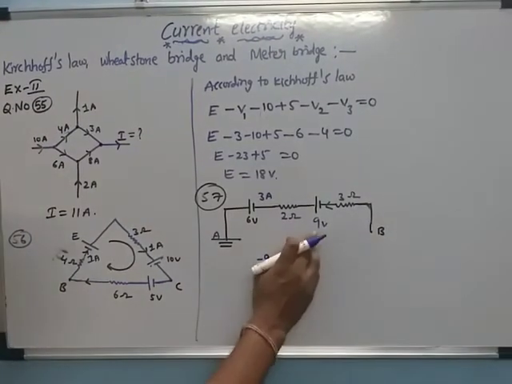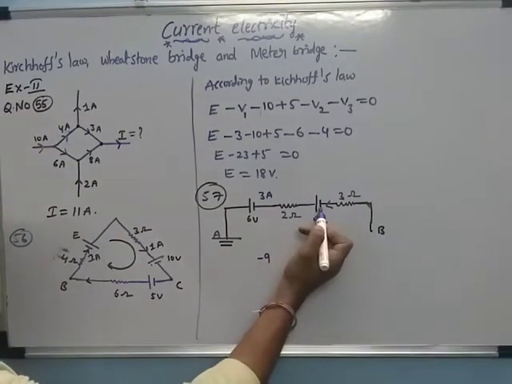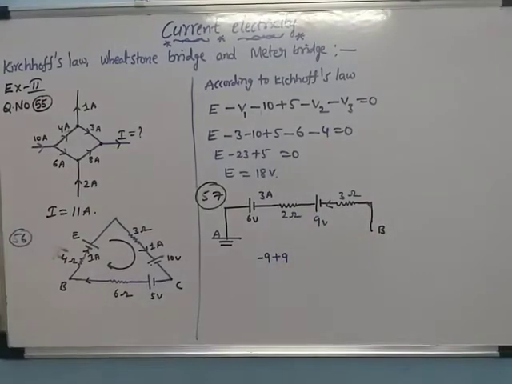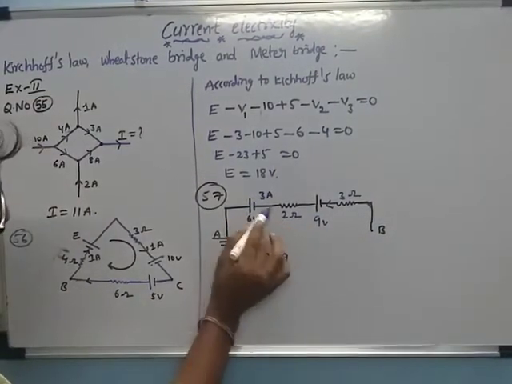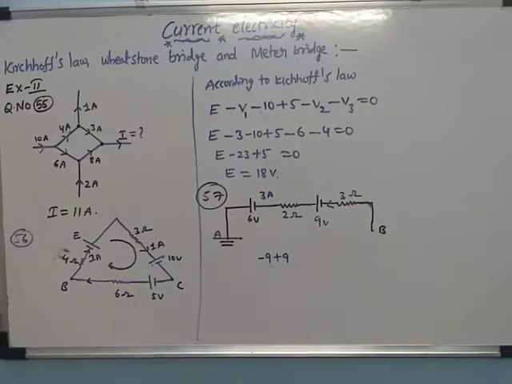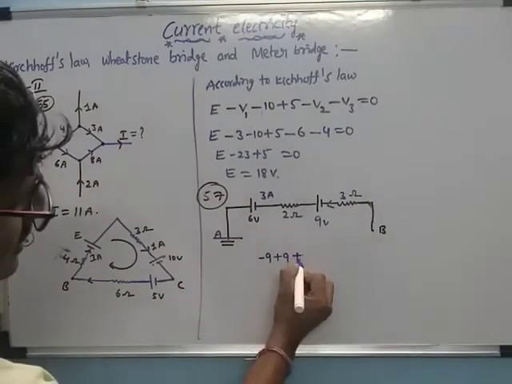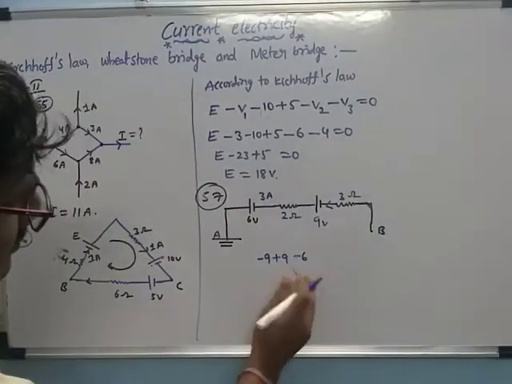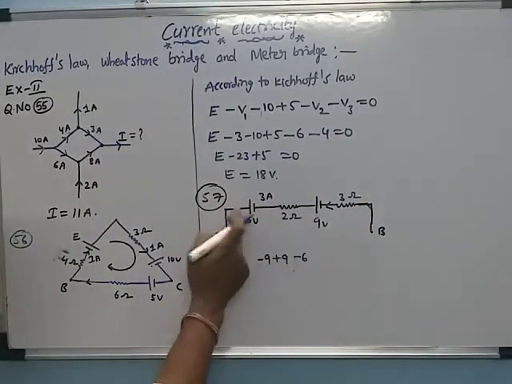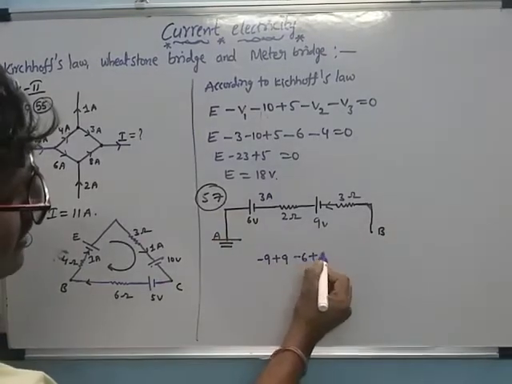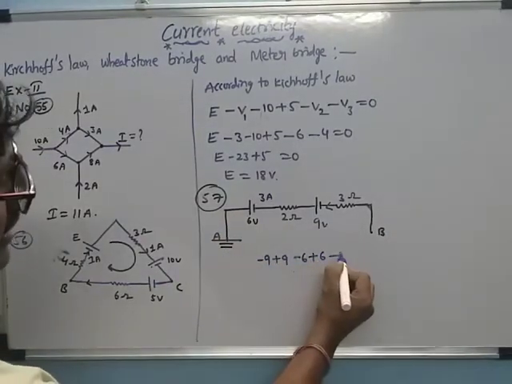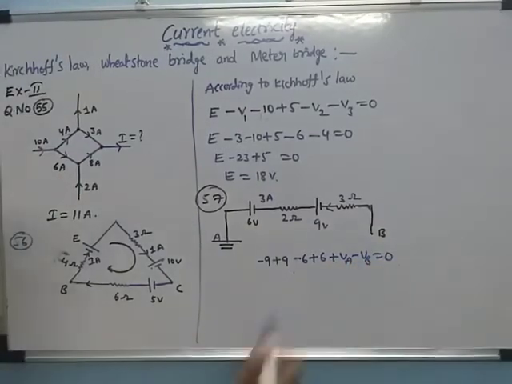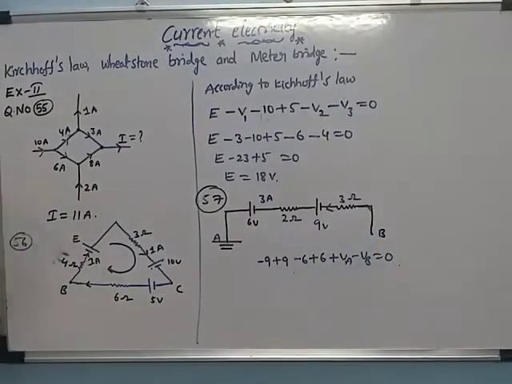Here, going from negative to positive means potential gained, so plus 9. Again the current into resistance, 3 into 2 is 6, which is minus 6 because it is in the same direction, and here again going from negative to positive is a gain, so plus 6. And plus VA minus VB is equal to 0, the potential difference of plus A and minus B.